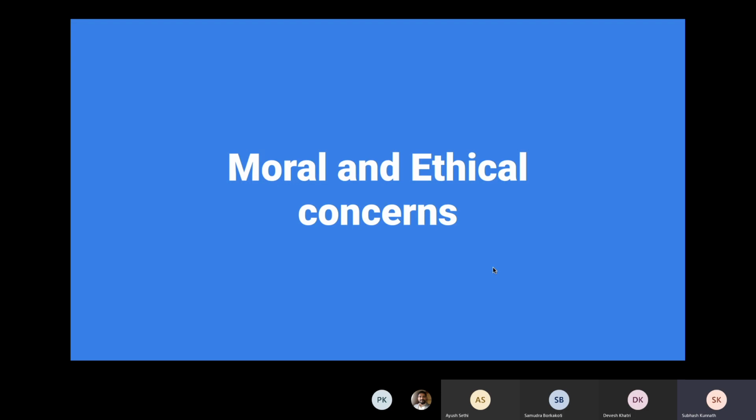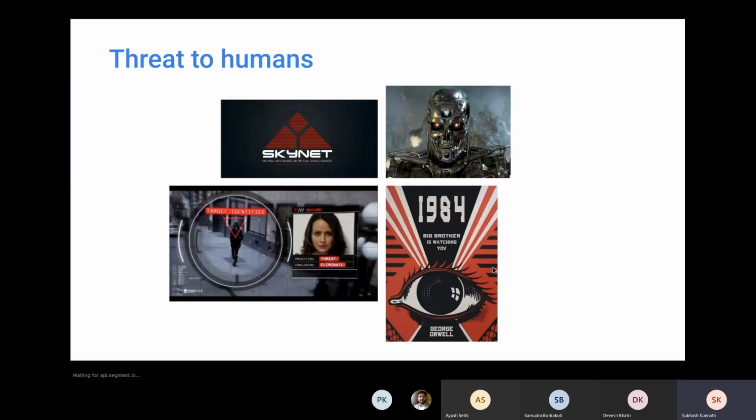And now the moral and ethical concerns related to these computational things. Popular culture depicts machine intelligence as something which may turn evil, take over the human world, or start a war against humans.